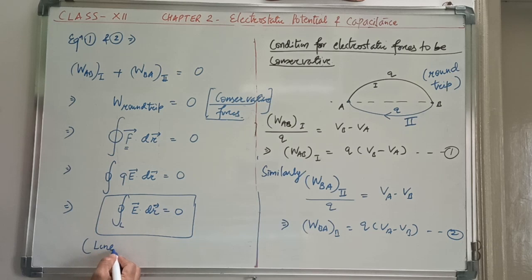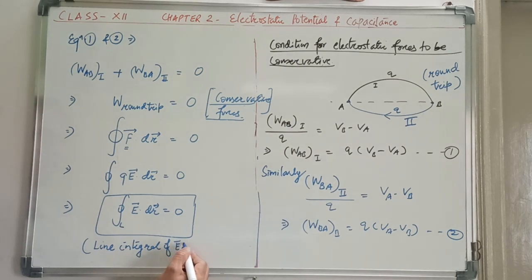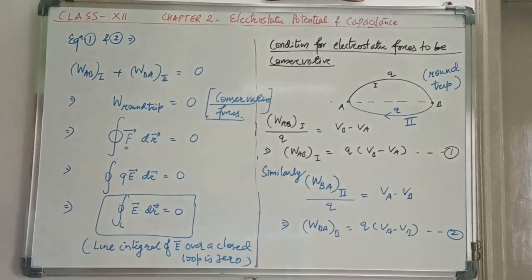So what is the condition for the electrostatic forces being conservative? The line integral of electric field over a closed path or loop is 0.